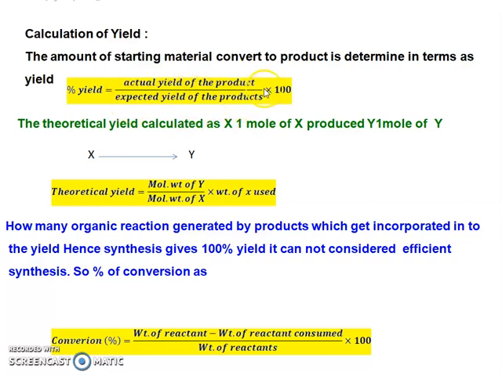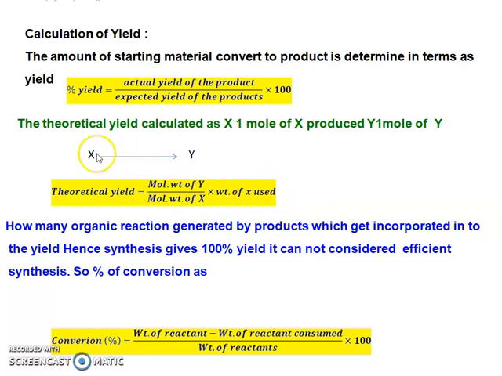meaning the theoretical yield, into 100. This theoretical yield is calculated as follows: if X mole of the reactant will produce Y mole of Y, then the theoretical yield will be calculated as the molecular weight of Y upon the molecular weight of the reactant, into the weight we have taken.